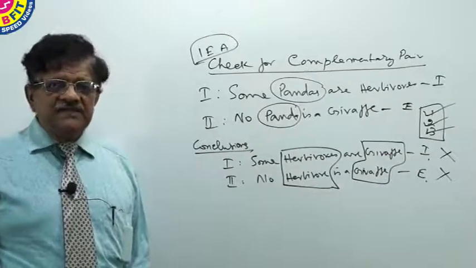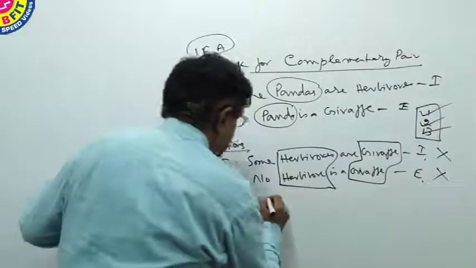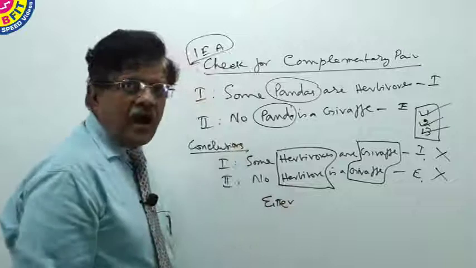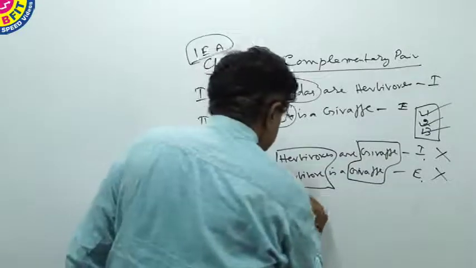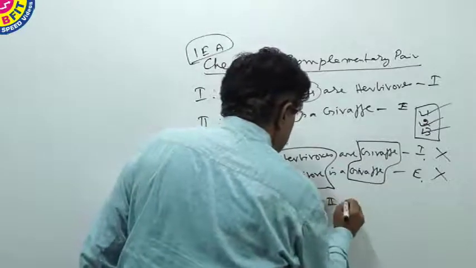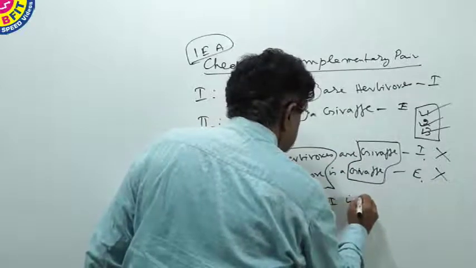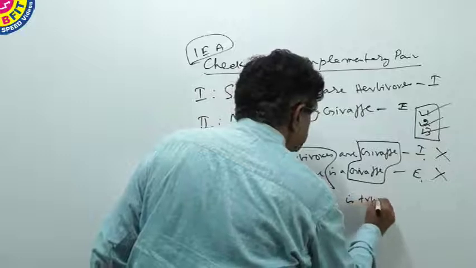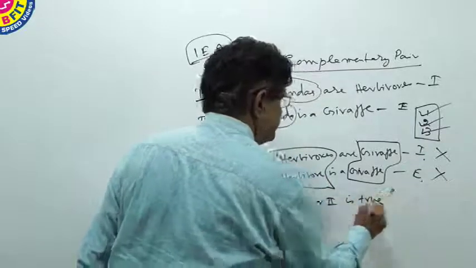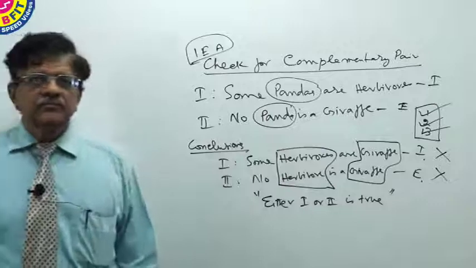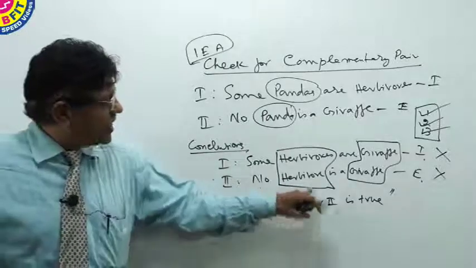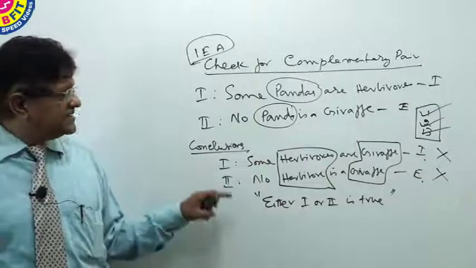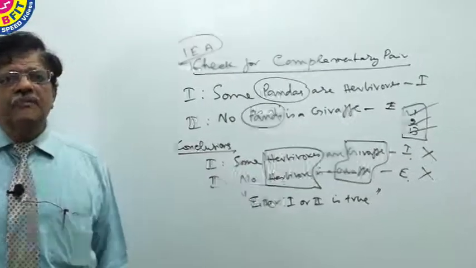What we should say is either conclusion 1 or 2 is true. So either 1 or 2 is true is the correct conclusion we should draw because the conclusions belong to a complementary pair.